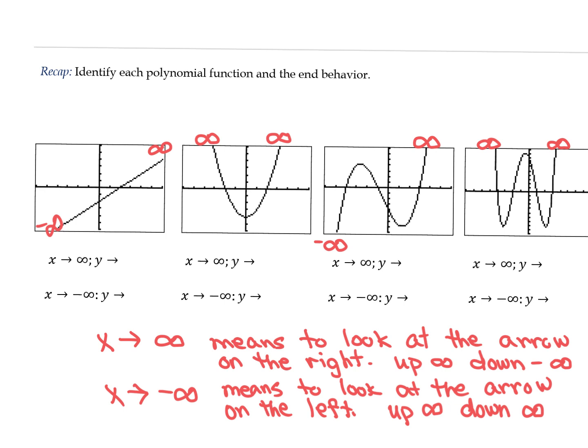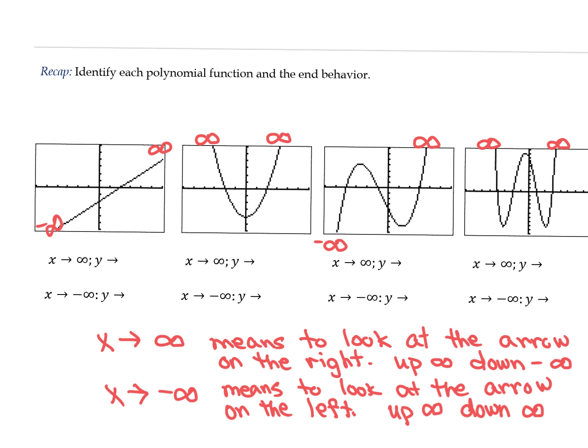So a certain way that end behavior is written, it is written as x approaches positive infinity and as x approaches negative infinity. X approaching positive infinity means that you are talking about the x values on the right-hand side of the graph, the positive x values.